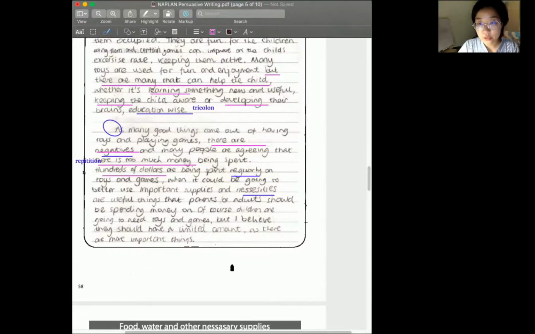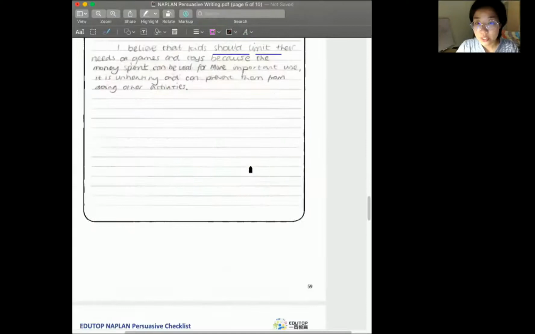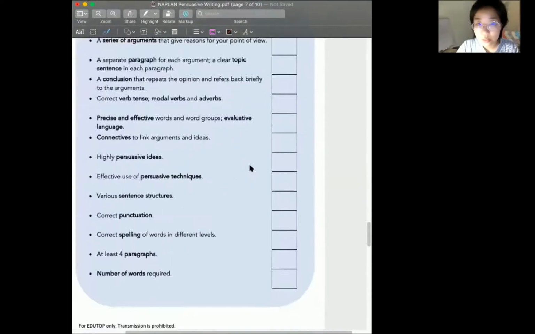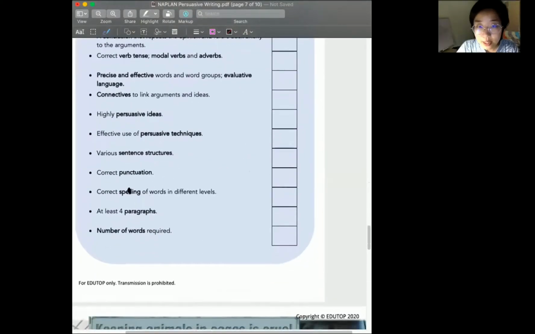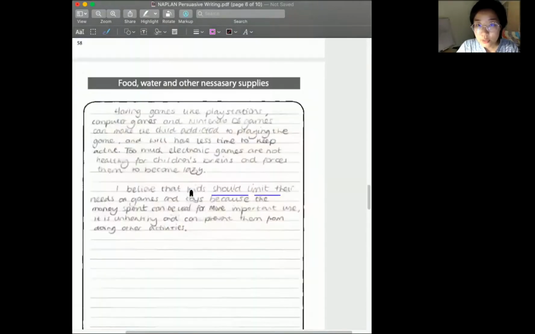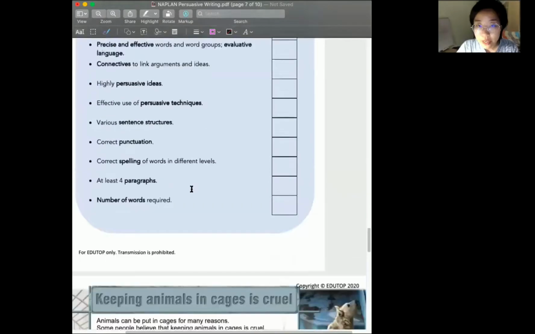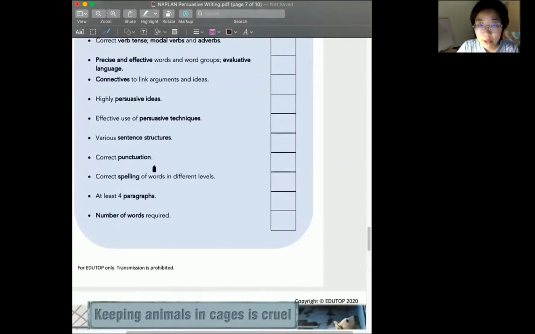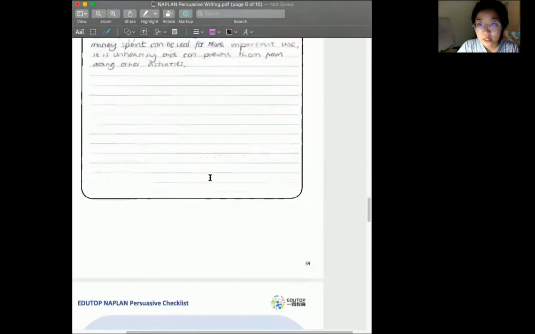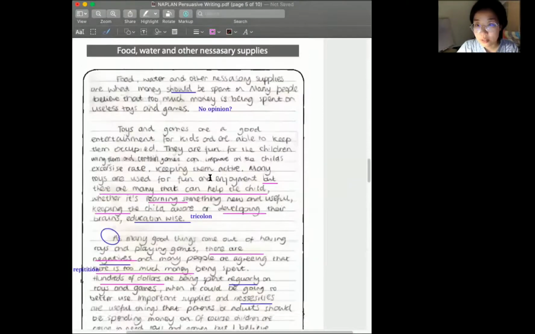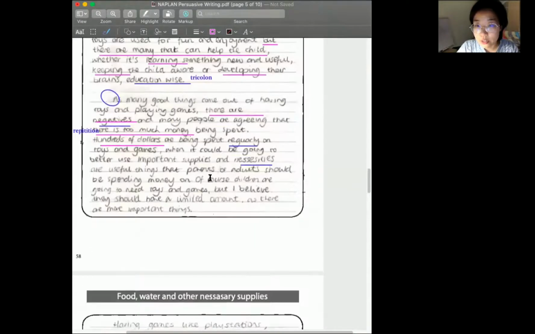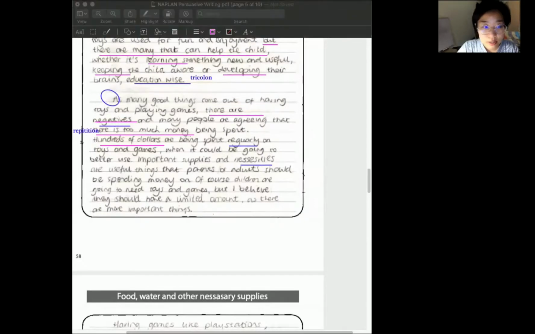So those are the use of persuasive techniques or devices. The next one we have to look at is sentence structures. Yes, and the sentences, when you read them, are not really boring, right? Correct punctuation: it has a lot of apostrophe use over here as well. Let me see, are there any punctuation mistakes?